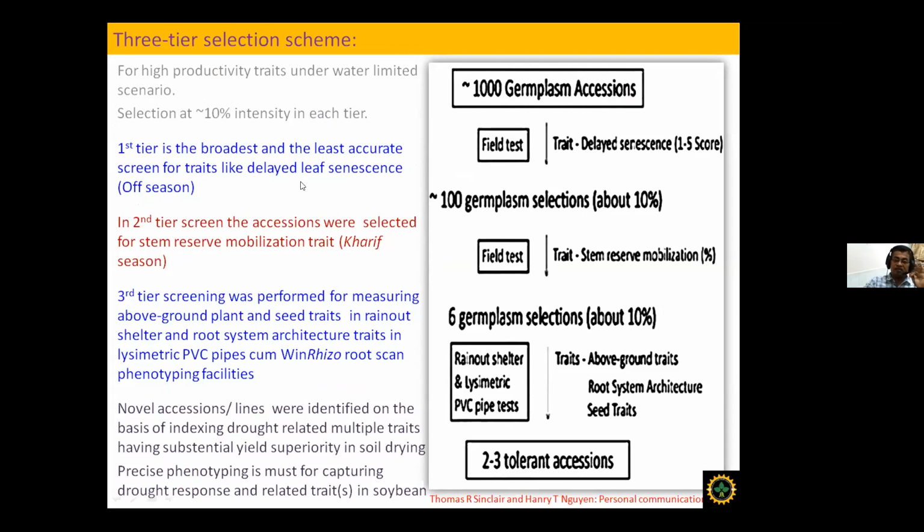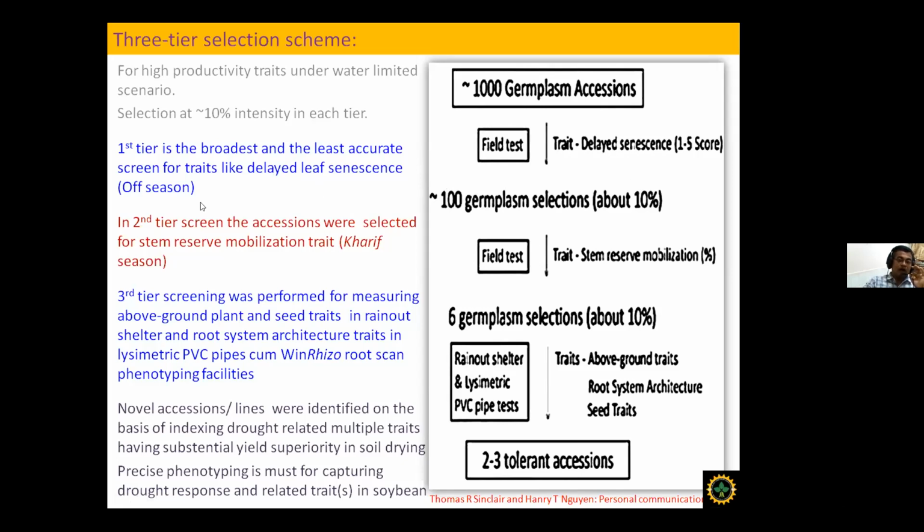Here the trait chosen is delayed leaf senescence. It is done in the off season, and out of that, another 10%, that is 100 germplasm, are selected for this very trait, delayed leaf senescence, on a 1 to 5 rating scale, with 5 being the tolerant one.